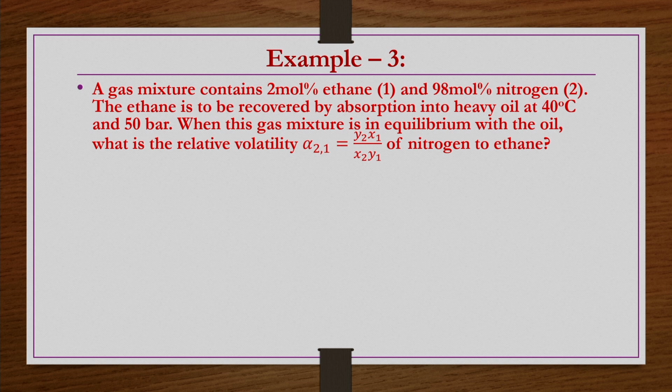In this mixture you want to extract or separate out the 2% ethane, because it is not good, so you want to remove it. So, what you are trying to do is absorb it into a heavy oil at 40 degree centigrade and 50 bar. So, it is absorption. You have a gaseous mixture, and out of that mixture one particular gas you are absorbing in a heavy liquid.